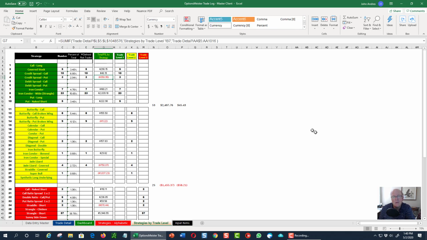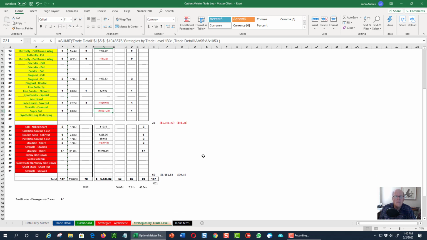You can see right now put credit spreads, we've only done 3 of them, and they've been losers this year. It helps you at the end of the year, and over a period of time, to really analyze what trades I do well on, and whether there are extenuating circumstances. I've only done 4 of these Jade Lizards, and I've been run over a couple of times. The same goes for the Super Bull, which was part and parcel of the collapse we had from the end of February into the middle of March in the market.